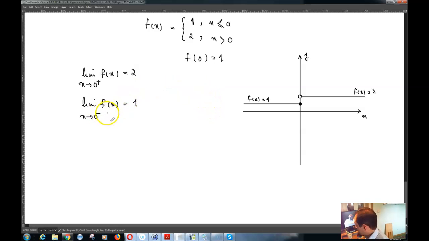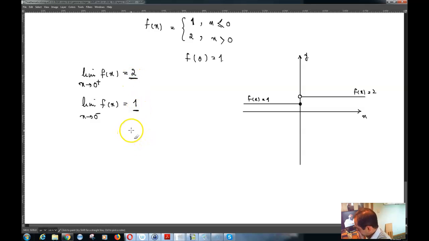So what that means is that in this case you can see the right hand limit and the left hand limit both exist. They do exist, but their values are different. Over here you have a 2 and you have a 1.